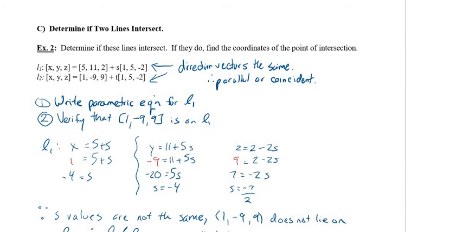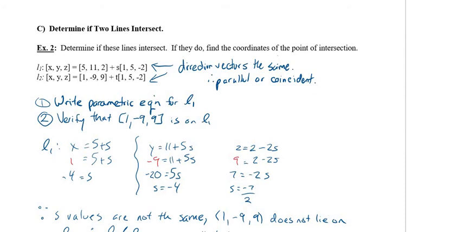So what we're going to do is, as always, because we like working with parametrics better, it's easier to work with, we're going to start by writing out the parametric equations. And then, once we have the parametric equation, then we're going to take a point and we're going to test it on the other line, just like we did in 2 dimensions. And again, it's that all or nothing proposition. If one point works, they all work.